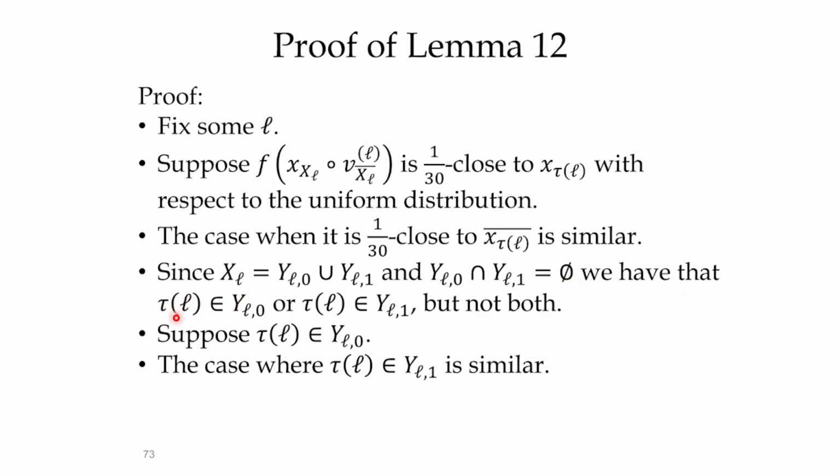We have that tau of L is either in Y L 0 or in Y L 1, but not both. Suppose tau of L is in Y L 0. The case where tau of L is in Y L 1 is similar, without loss of generality, of course.